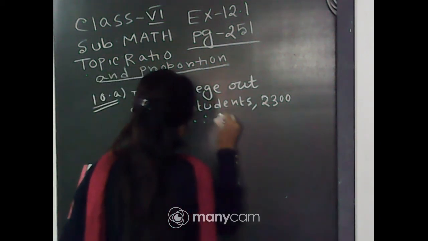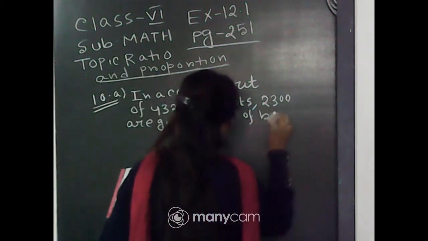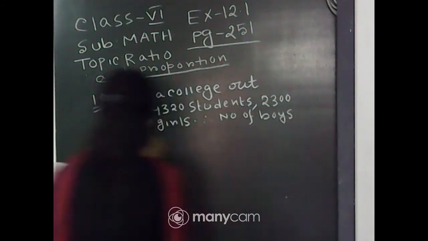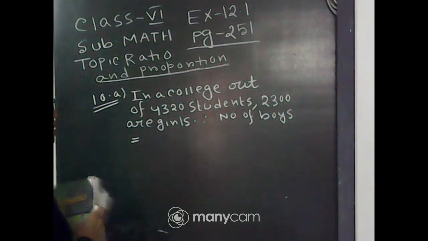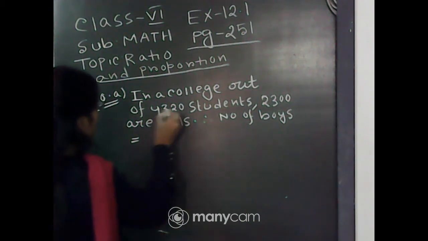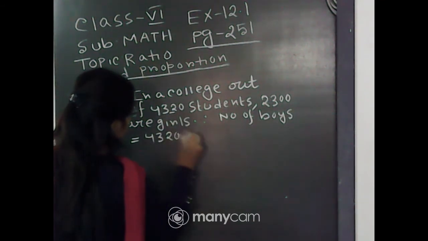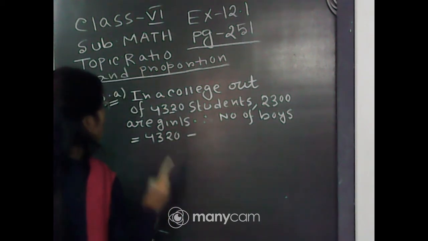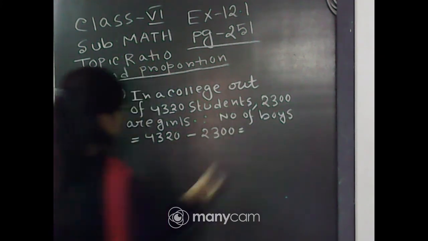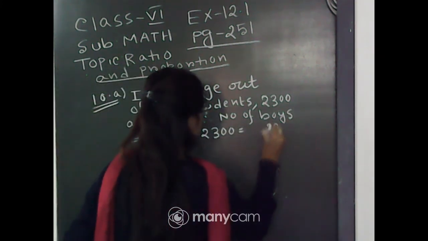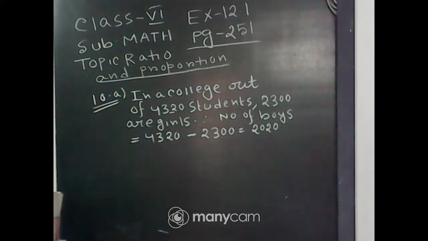Therefore, number of boys is equal to total number of students minus number of girls. Here total number of students is 4,320 minus number of girls, that is 2,300.